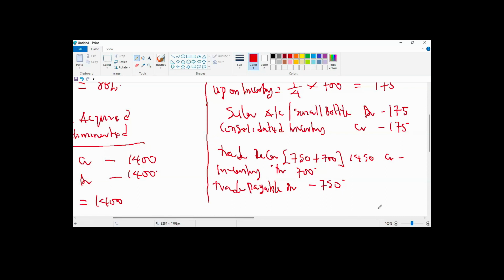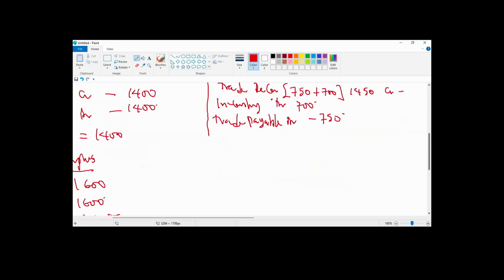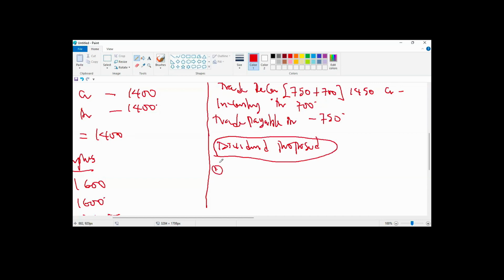The proposed dividend can be tested in exam in three ways. The first one is that they say dividend proposed, dividend declared, or dividend recommended, same thing. It happens in the post-acquisition period.